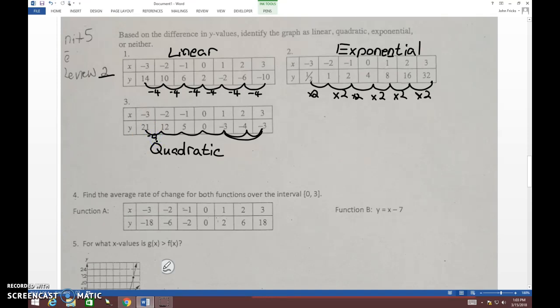All right, 12 to 5 is going to be -7. 5 to 0 is going to be -5. 0 to -3 is going to be -3. -3 to -4 is going to be -1. And then -4 to -3, that's going to be +1.